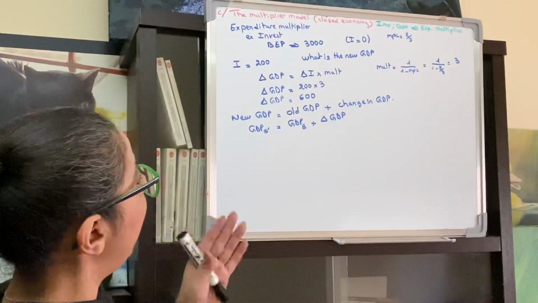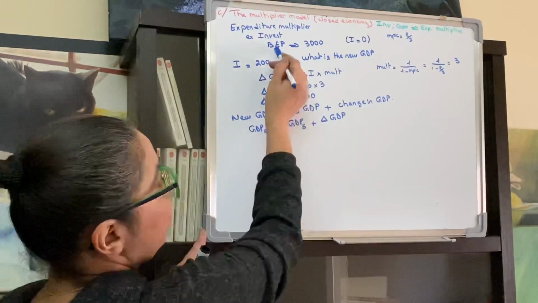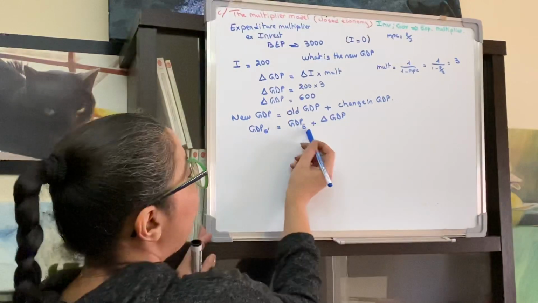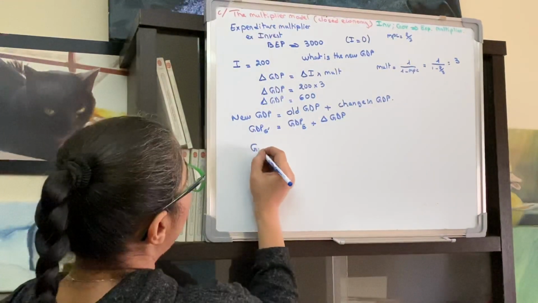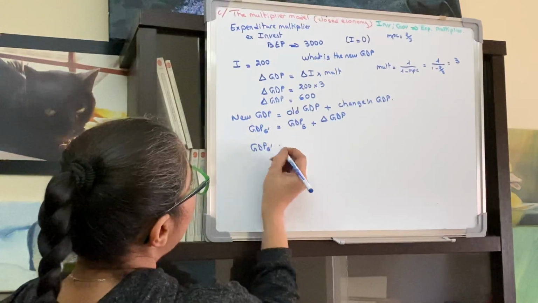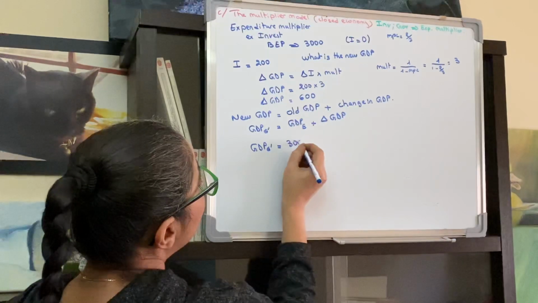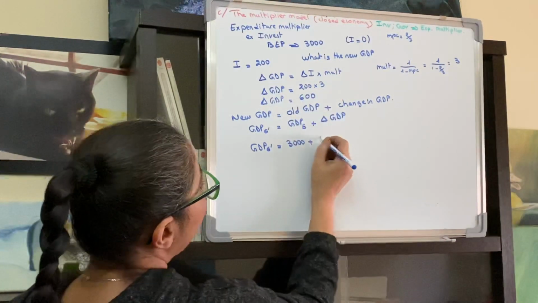I have everything I need to calculate the new equilibrium. The old equilibrium is the BEP, because investment was equal to 0. I had an equilibrium, which is the BEP. So GDP at E prime is equal to 3,000 plus delta GDP, which is 600.